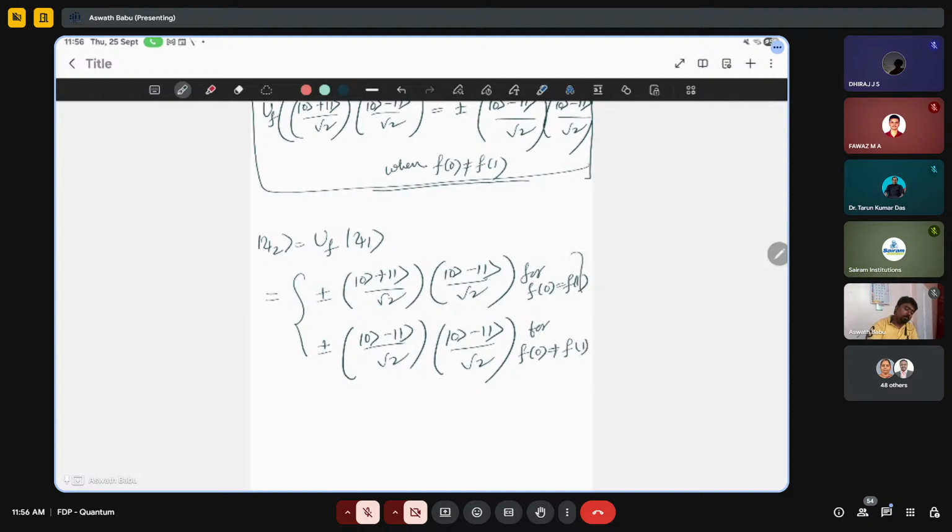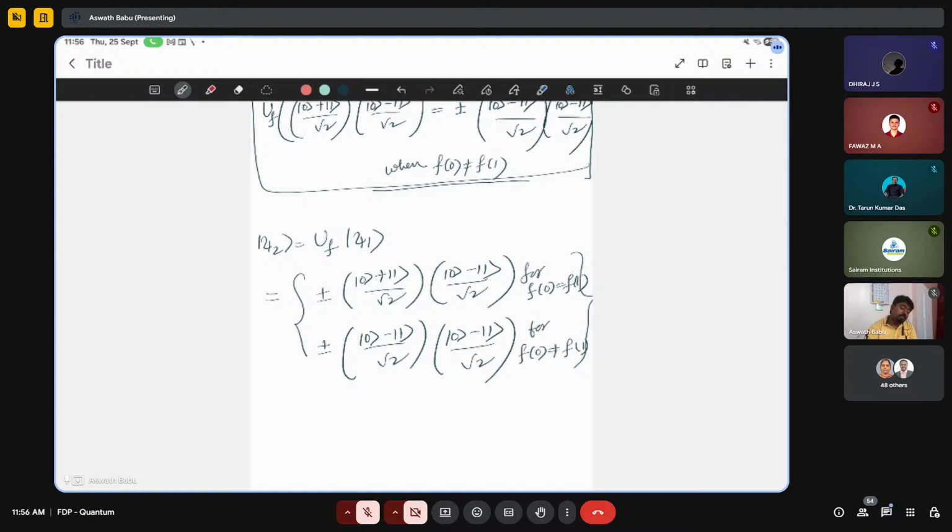Beautiful, right? So all the 4 cases were just summarized into 2 equations. Now the question is, can I summarize this into one single equation? That was the target.